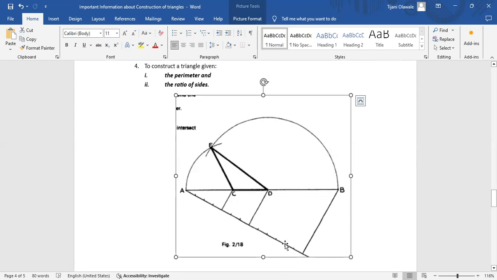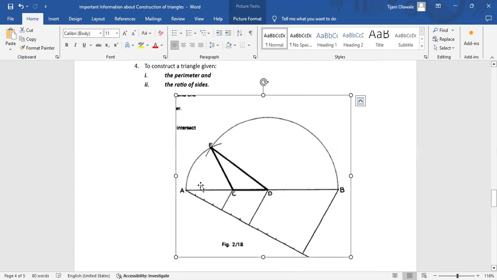This is 1, 2, 3, 4, 5, 6, so that's 6. 1, 2, 3 is 3, and 1, 2, 3, 4 is 4. So the ratio for this construction is 4:3:6. As I said again, 4:3:6 is what we are given as the ratio of sides in this construction.